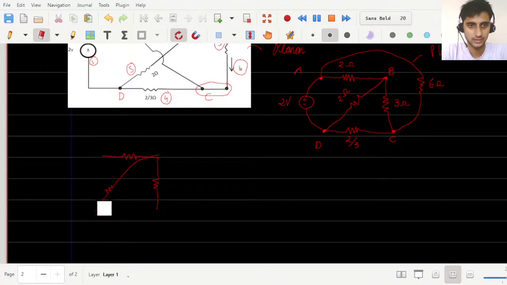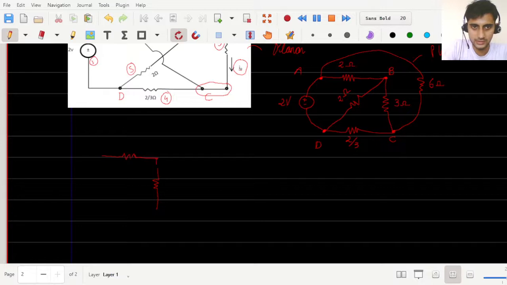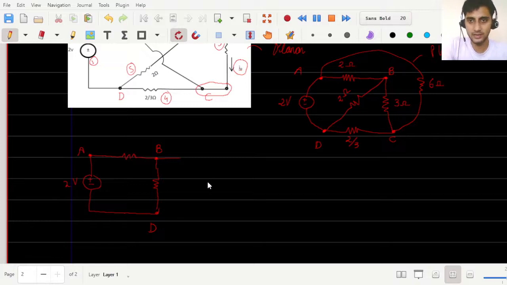This is going to be like this. I have a voltage source, 2 volts, and then this is directly connected. Say, this is A, this is B, this point is D, and I want to have C point.